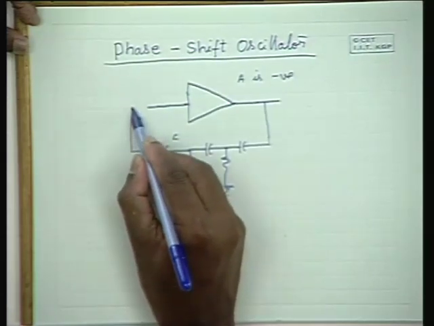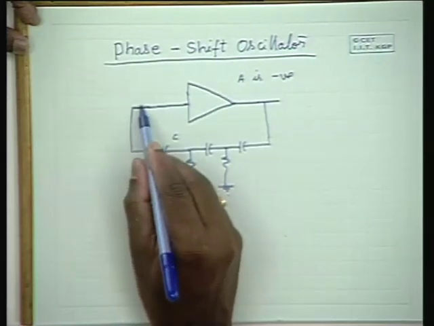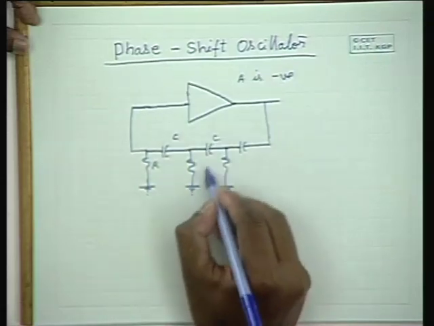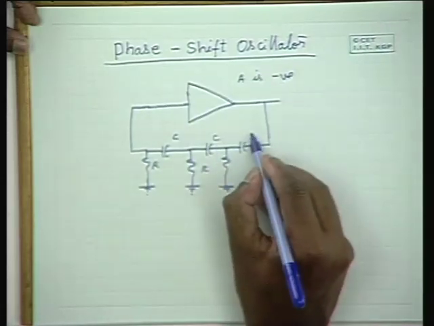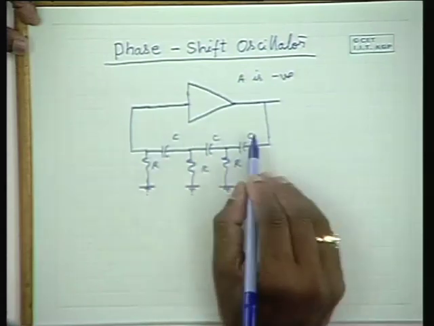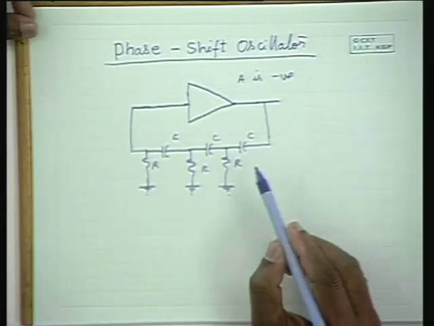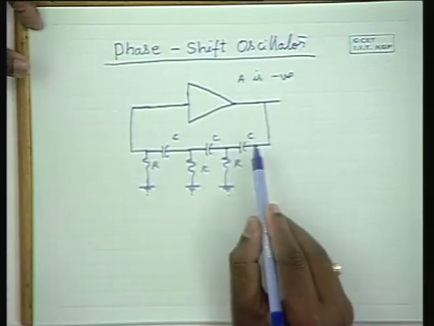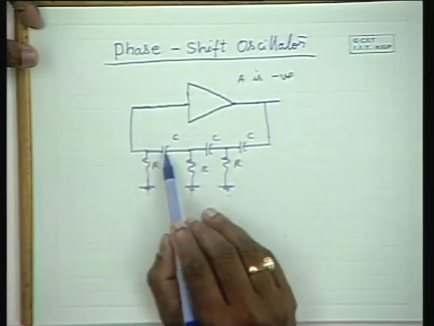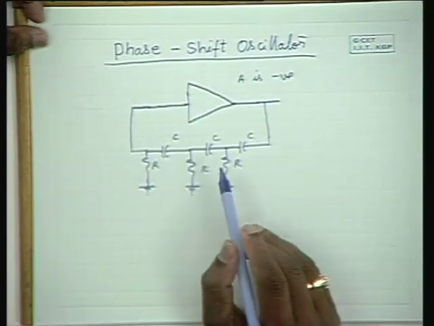And then you apply the feedback voltage to the amplifier. It is not necessary that all R's and C's are equal here. You can see that one section gives 70 degrees, another section 60, and another section 50 degrees of phase shift. There is no harm.